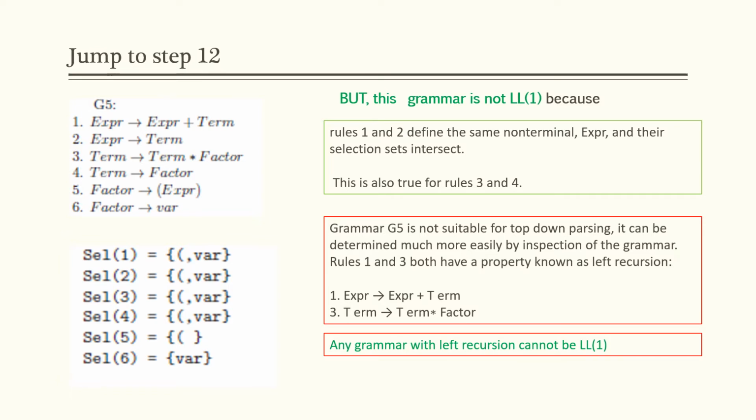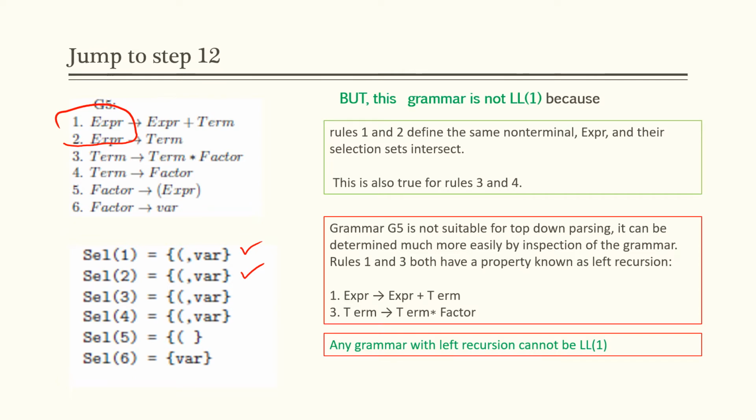But in this case, if you refer to rule number 1 and rule number 2, they actually define the same non-terminal, which is expression. And they actually have the same selection set, which is open bracket and var.